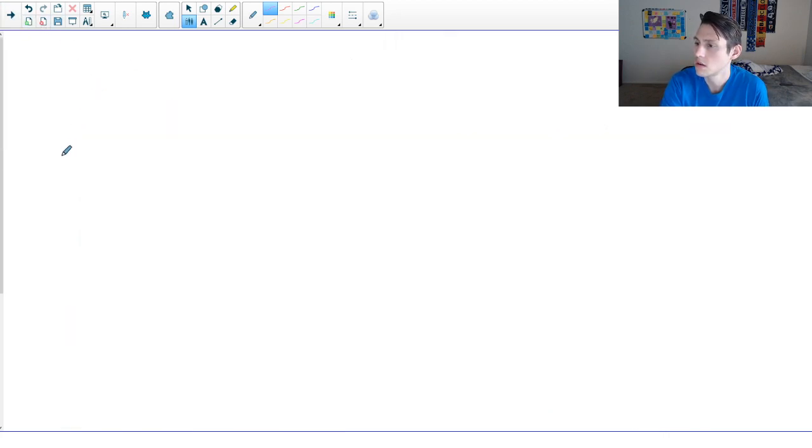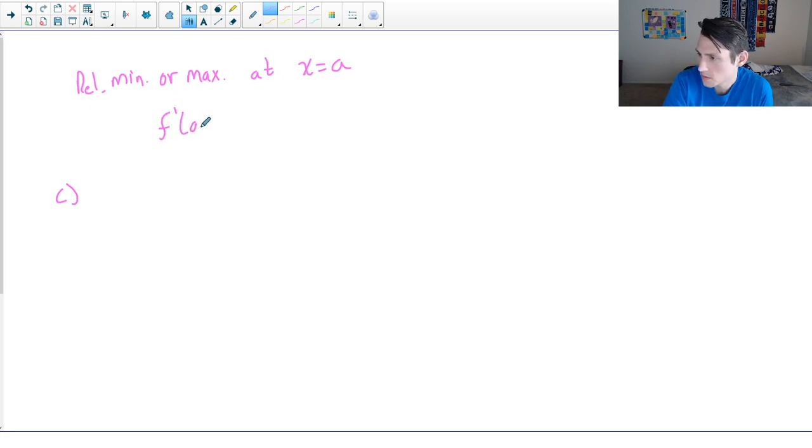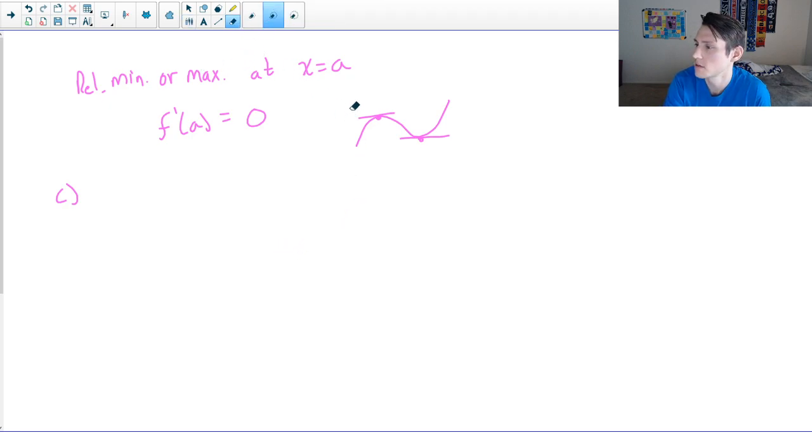So if there's a relative min or max at, let's say, x equals a, some number, well, then the thing that we know must be true is that the derivative at that number is 0. Remember, because relative max and mins always happen whenever that derivative is 0. Right? That slope of the tangent line is 0.